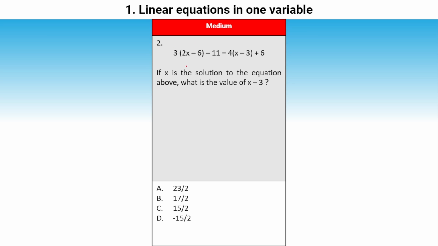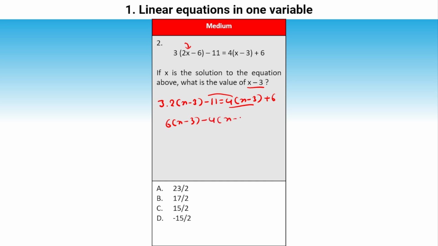So here we have the equation. If x is a solution to the equation above, what is the value of x minus 3? I think we can find the value of x minus 3 directly from the question if we take the 2 common from here. So 3 into 2, x minus 3, minus 11 equals 4, x minus 3 plus 6. Okay, that is 6, x minus 3. If this goes to that side, that becomes negative.